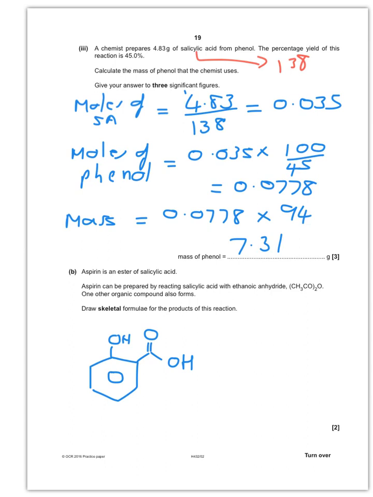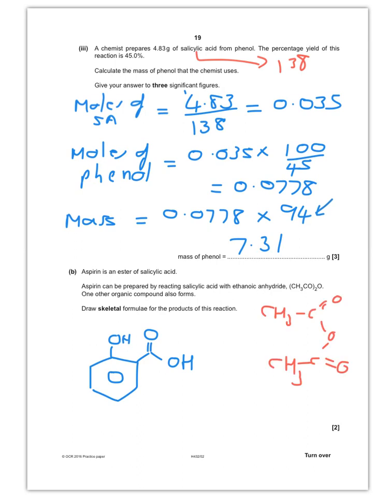Molar mass of salicylic acid is 138. So your moles of phenol that you need to use, you need to scale that up by 100 over 45 to give you 0.0778 moles. And then finally calculate your mass of phenol by timesing it by the molar mass of phenol, which is 94, to give you 7.31 grams.